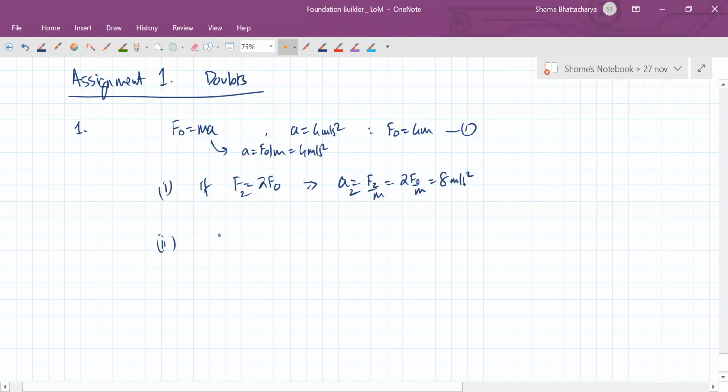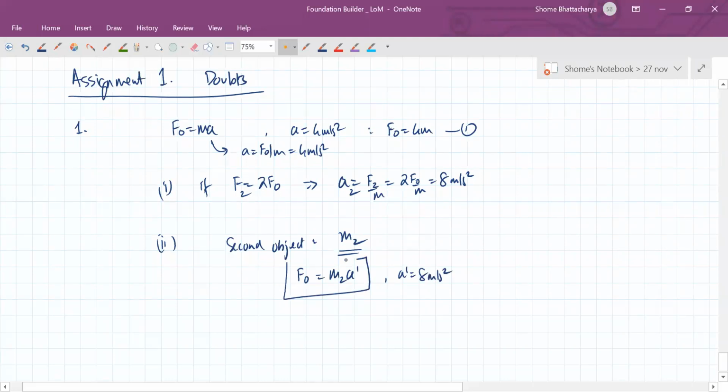Now second part, a second object experiences an acceleration of 8 under the same force. So now let's say the second object, its mass is m2. So F naught is equal to m2 into some acceleration a prime, and this acceleration a prime is given as 8 meters per second square.